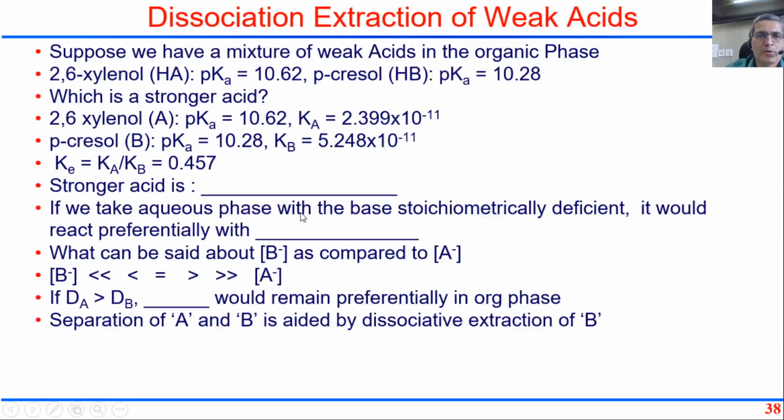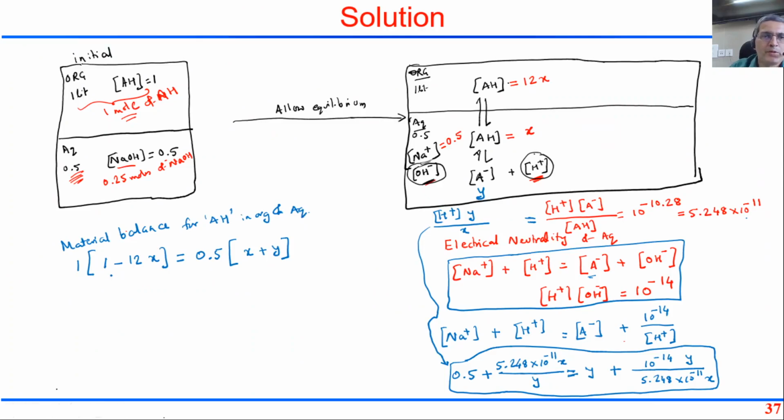What is lost from the organic phase? This is what is lost from the organic phase. This is what has appeared in the aqueous phase. That is for AH. So I have one relationship based on material balance. I have another relationship based on the electrical neutrality. You can solve two equations, two unknowns, X and Y.